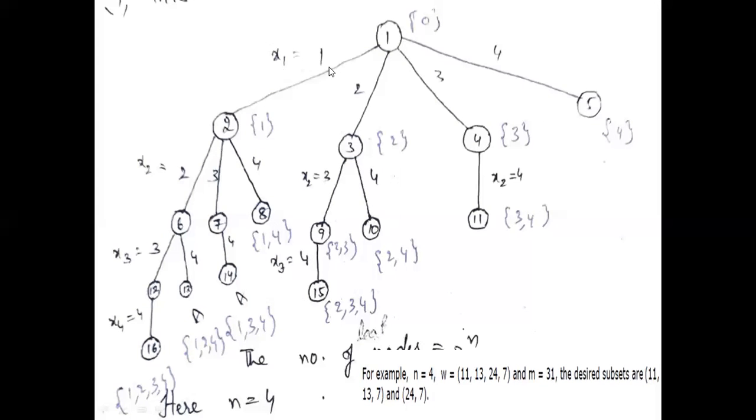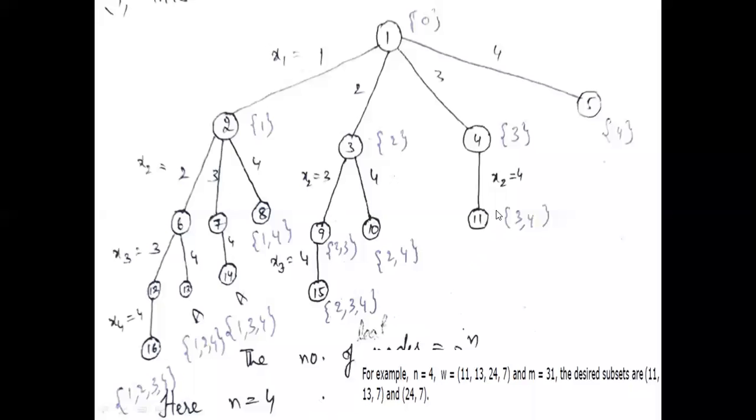This means x1 equal to 1, x1 equal to 2, x1 equal to 3, x1 equal to 4. The second node means we are including only the first element in the sum. The third node means we are including only the second element, which is 13.